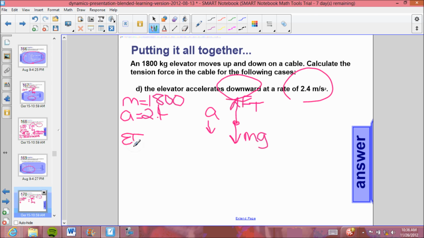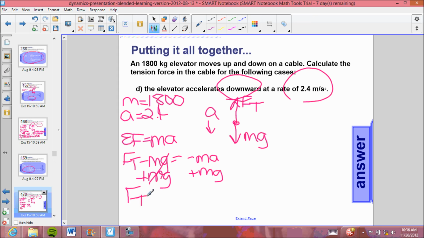So now when we set up our sigma F equals ma, our sigma F is still Ft minus mg. But in this case, now we have negative ma because our a is down. So to get Ft by itself, you add mg to both sides. Now you have Ft equals mg minus ma.